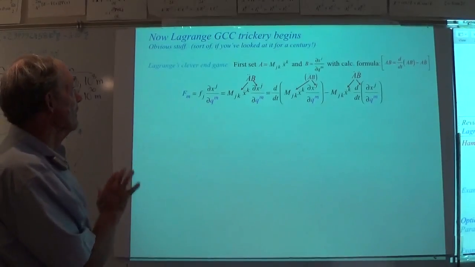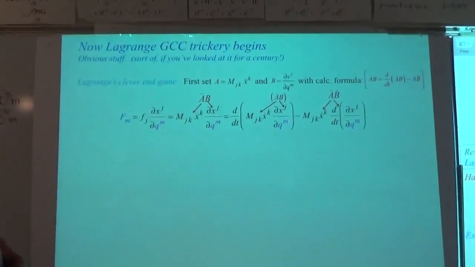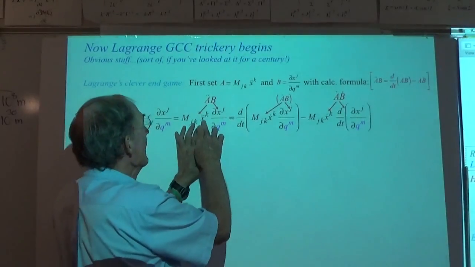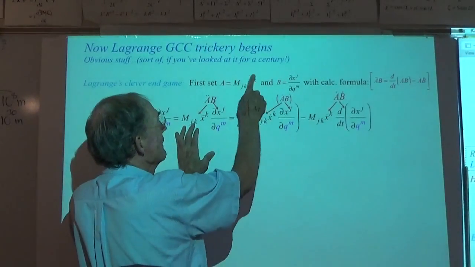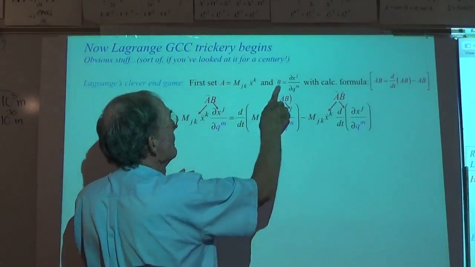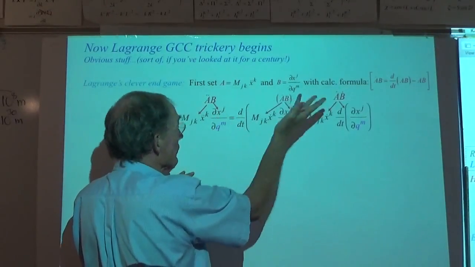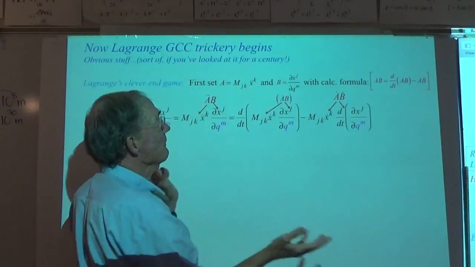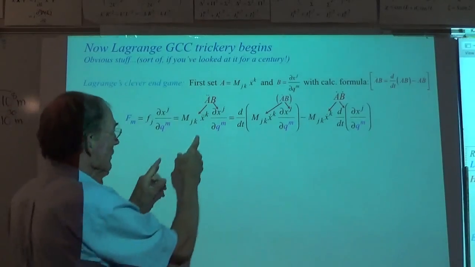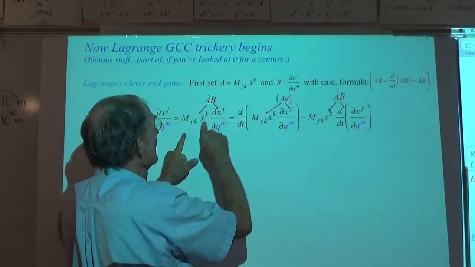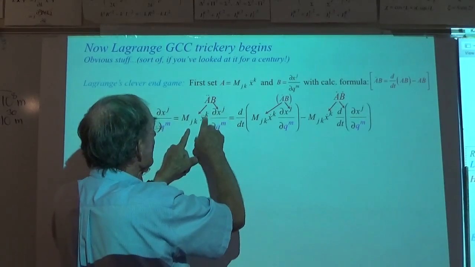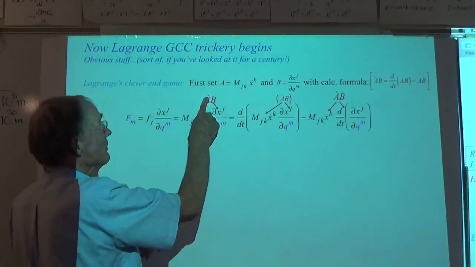And this first trick here, as I call it, clever end game, is to treat the m x dot dot as factor A, and then b as the partial derivative, a Jacobian basically. So b is a Jacobian component, okay? And this guy right here we're going to be treating as A dot dot.